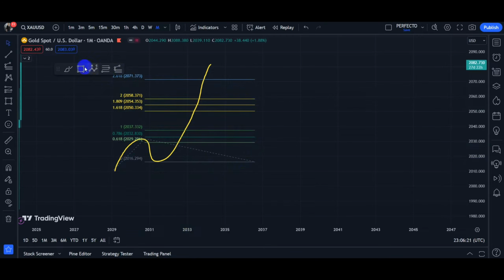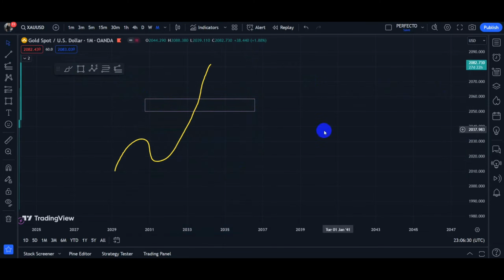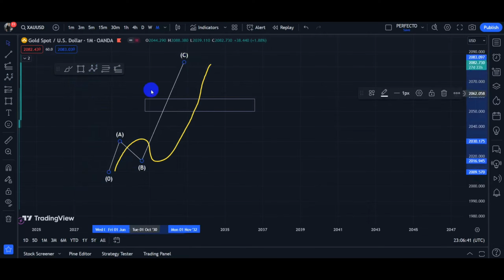And we said that we will draw the square instead of the levels of Fibonacci, and then we will remove Fibonacci, okay, to make it easy. And we used Elliott waves to draw the sequence 0, A and B and the take profit area C.